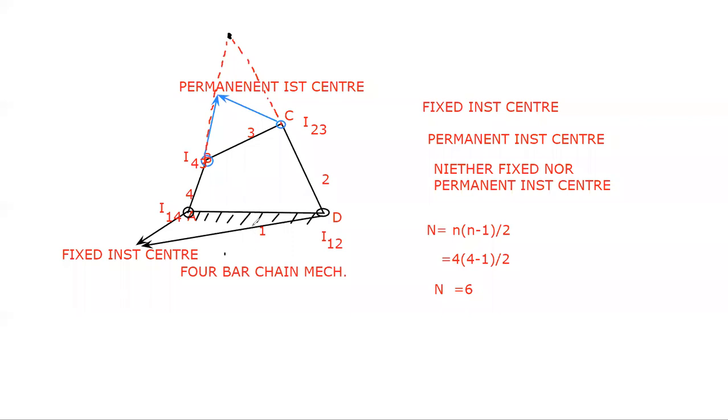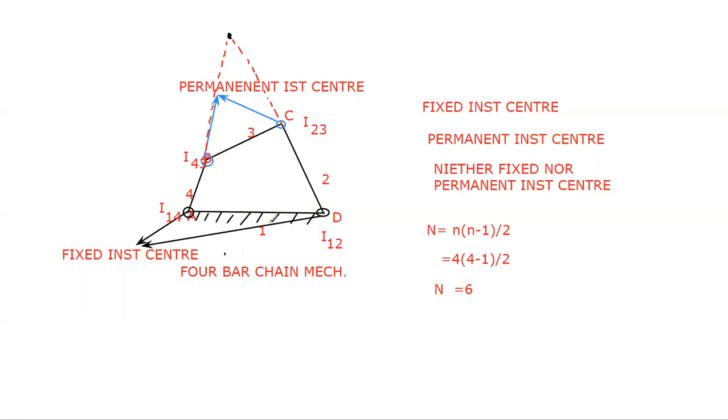So you can see basically this link represents what? This is the bisector. If I take a compass from here and bisect this point, somewhere this line will be cutting at the middle. So similarly at the bottom, somewhere the line will be cutting. So if we extend this line like this, that line will be matching here. So that is nothing but the neither fixed nor permanent instantaneous center passing from 3 and 1.